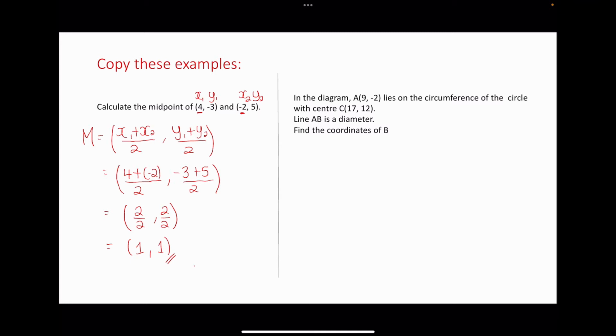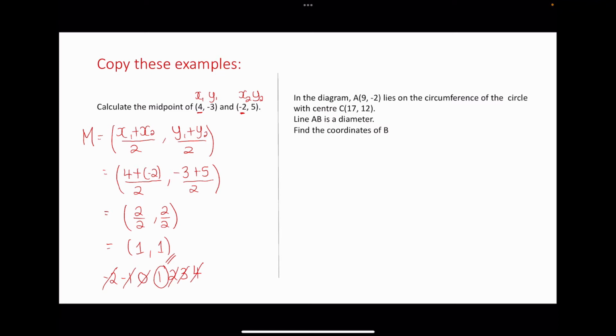If we think about a number line, if we've got our 4 here and our negative 2 back here, between that we would have negative 1, 0, 1, 2, 3. So thinking back to when you learnt about median, we can work our way through and 1 is in the middle.